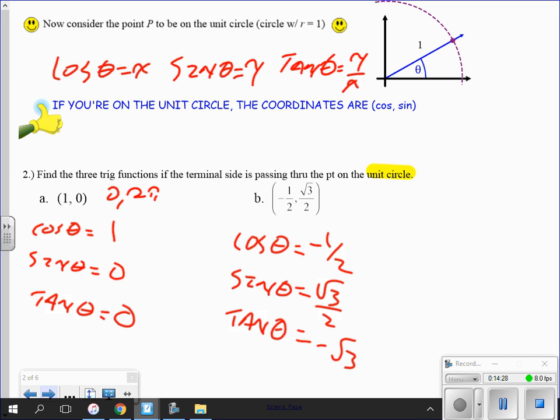Those are all the possible values on the unit circle of tangent, because we're limited on the possible values of sine and cosine, and when we do sine over cosine, which is what the tangent is, you're going to get one of those values. Okay.